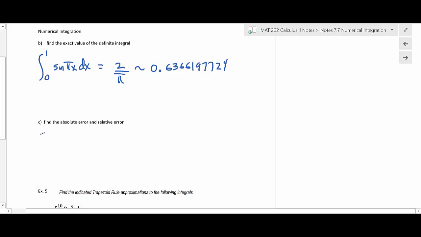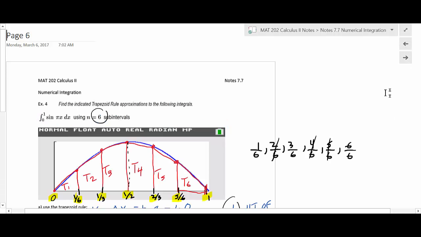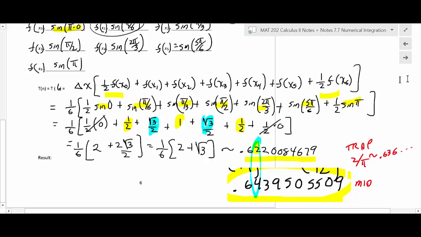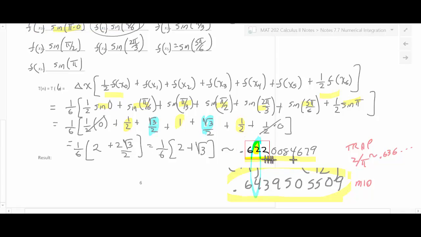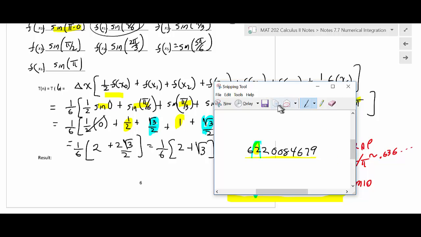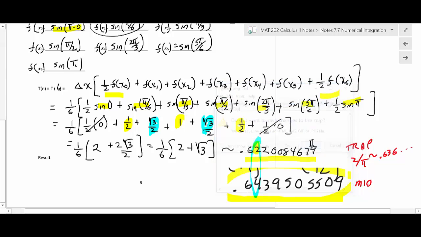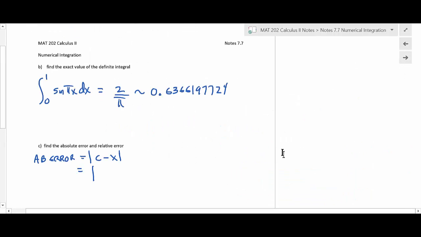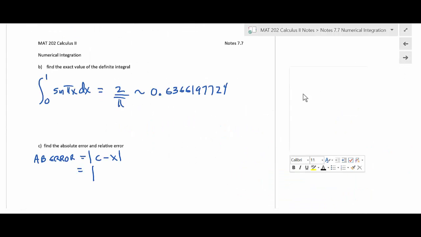Okay, so let's do the trapezoid thing. So now what we're doing is trapezoid. So if we do the absolute error, okay, we do the formula c minus x, where c is the trapezoid, okay, and I need to go back and take the trapezoid answer here, which was 0.622, and that's all I need, that one little piece of information there, and we'll do the absolute error and then compare the two like that.